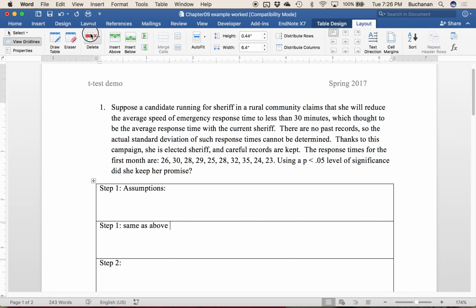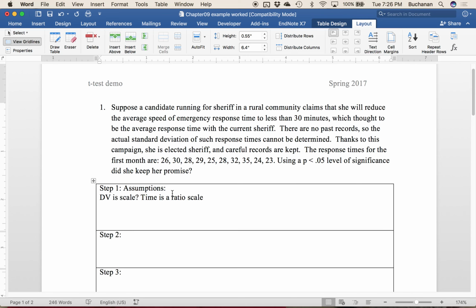So what are our assumptions for a single sample t? First is the DV scale. And in theory, time is a ratio scale, right? I don't think anybody can say that it would take 0 minutes for the emergency response to get there, but I guess in theory it could happen.